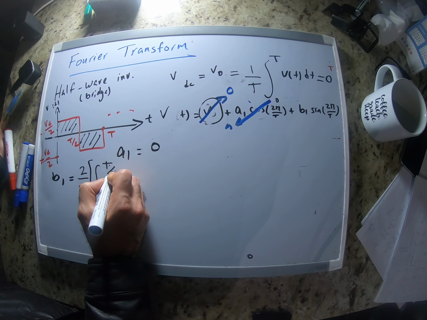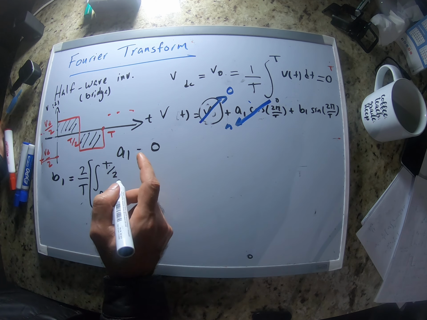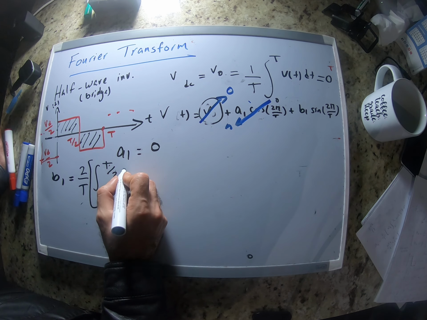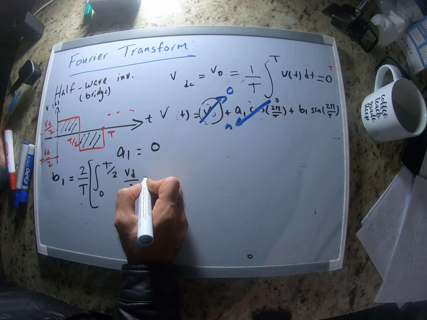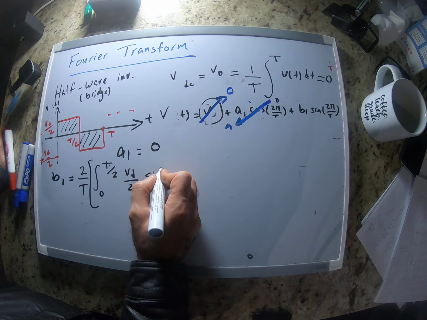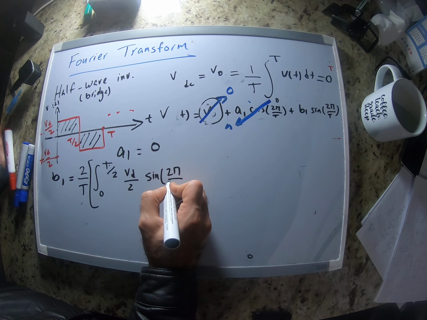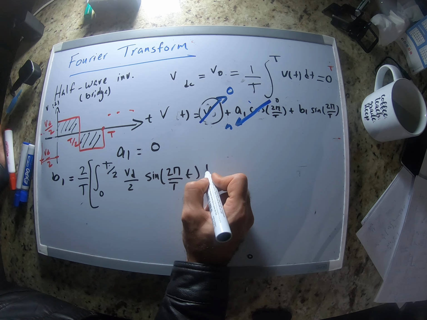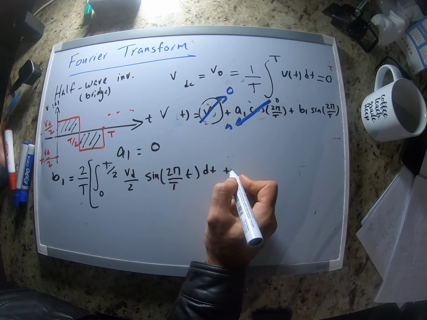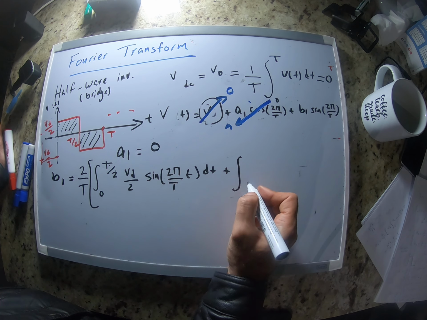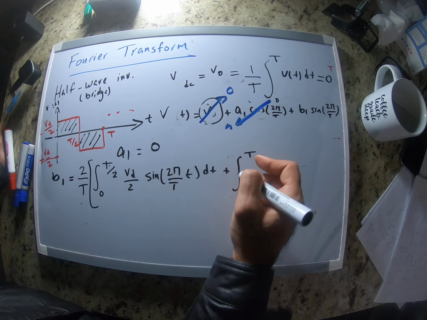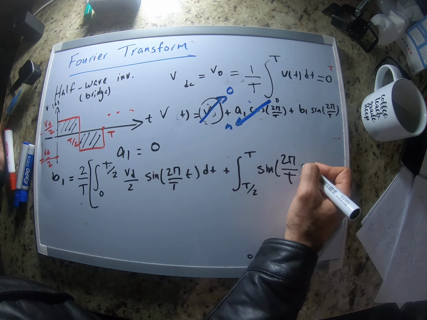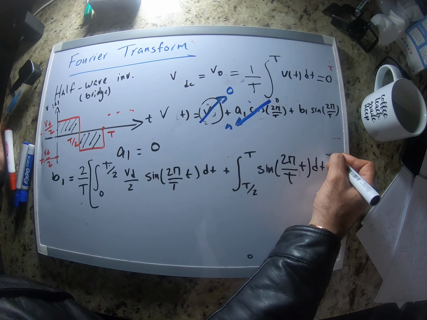From 0 to T over 2, f of t times sine of 2 pi over T times t, so it's going to be Vd over 2 times sine of 2 pi over T times t dt, plus the integral from T over 2 up to T of sine of 2 pi over T times t dt.